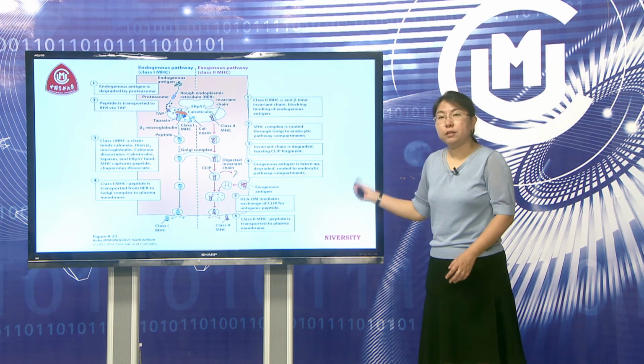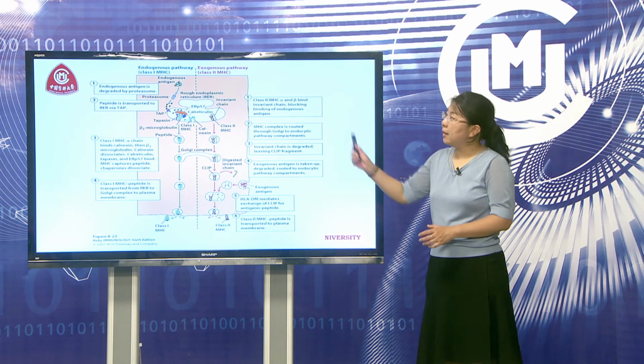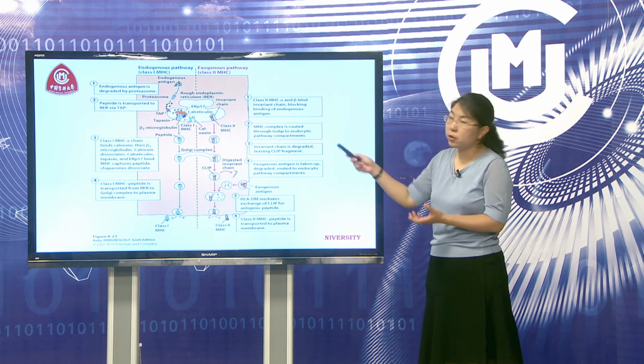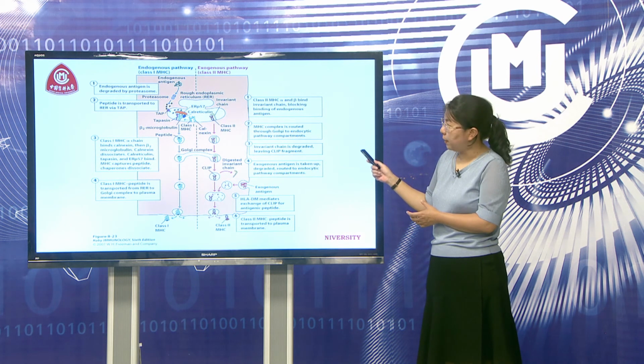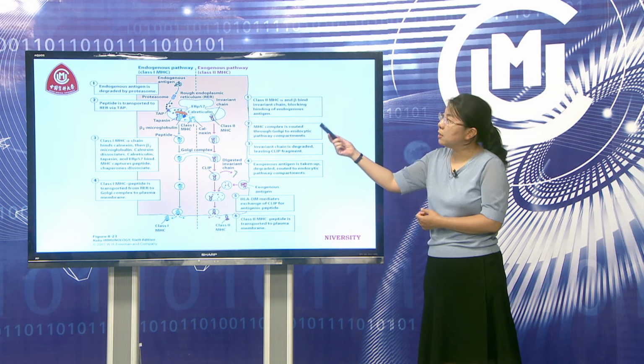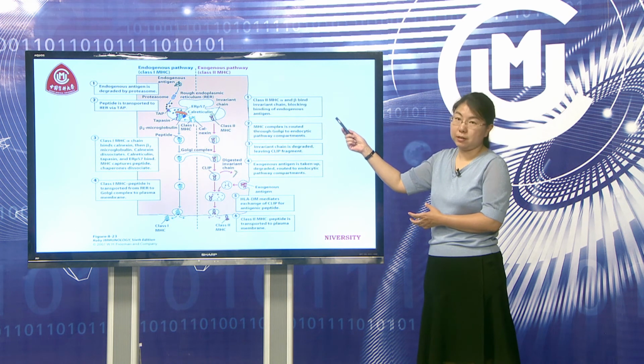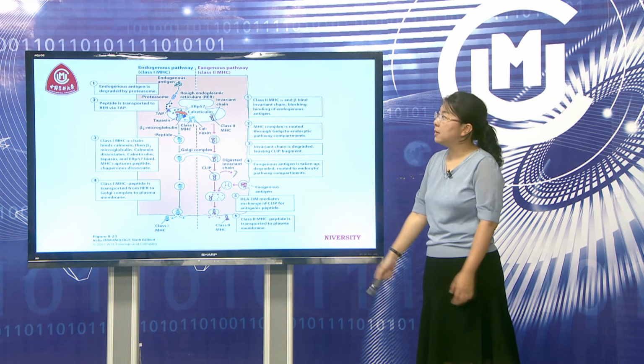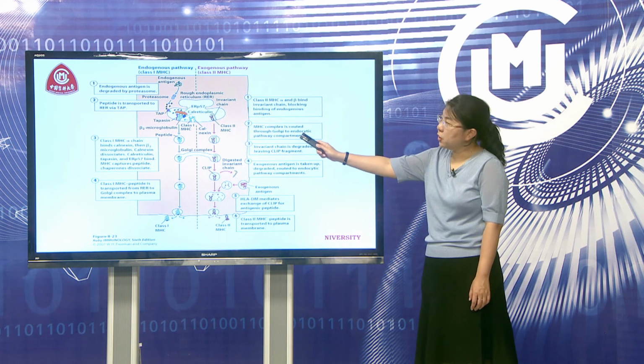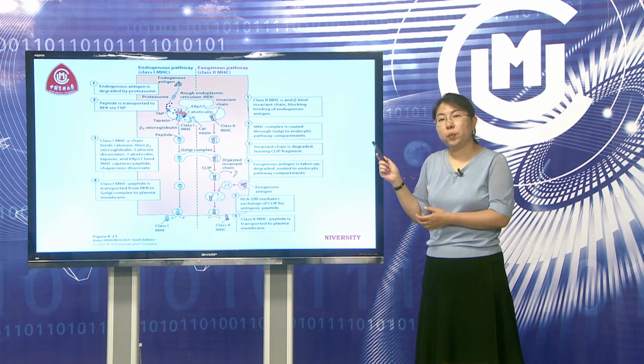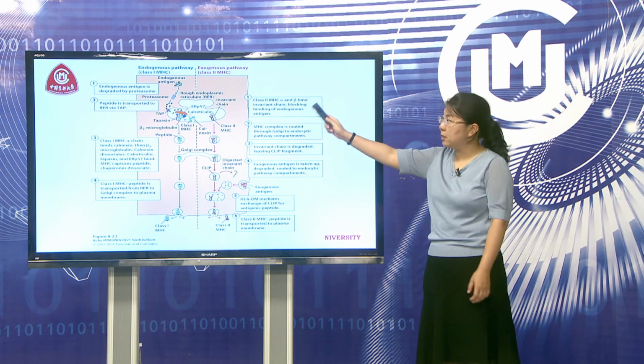Now in this figure we can see both the cytosolic pathway and the endocytic pathway, for the endogenous antigen and for the exogenous antigen. For endogenous antigen, the antigen is degraded by the proteasome, right?